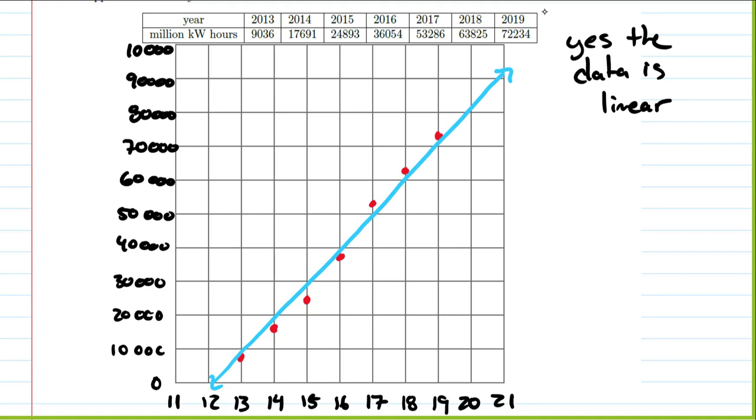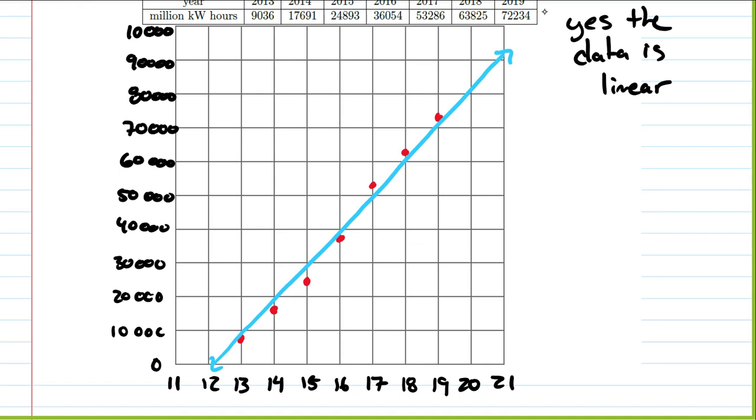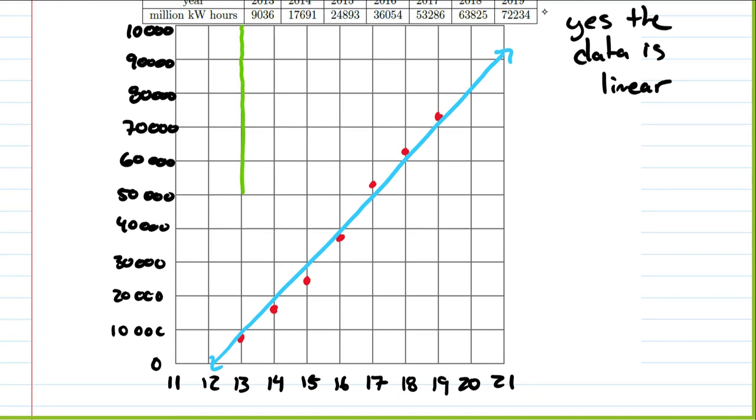So our data set that we were given starts in the year 2013 and ends in the year 2019. So on our graph, that would mean we have some data here and here. So this zone right here, between the extreme values on our data points, if we use this line to approximate, this is where we call it interpolation.